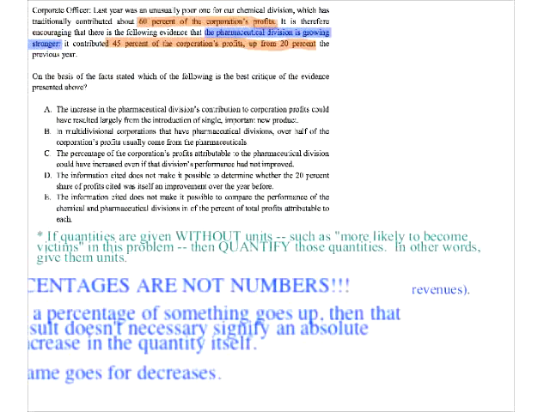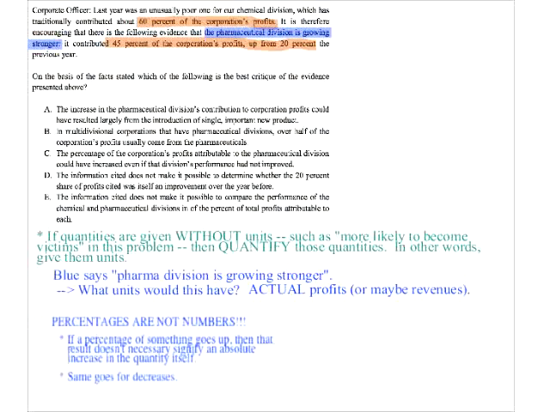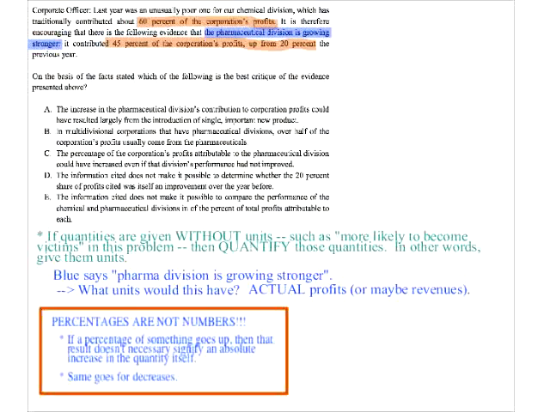Here's something we gave you last time to chew on and digest. Percentages are not numbers. So if a percentage of something goes up, like here, these things are percentages of the corporation's profits as a whole, then that doesn't mean an absolute increase.